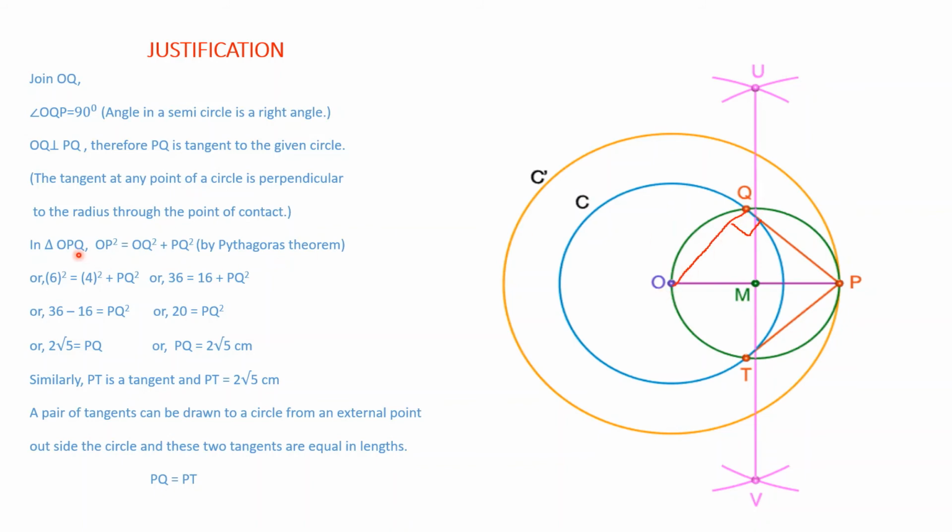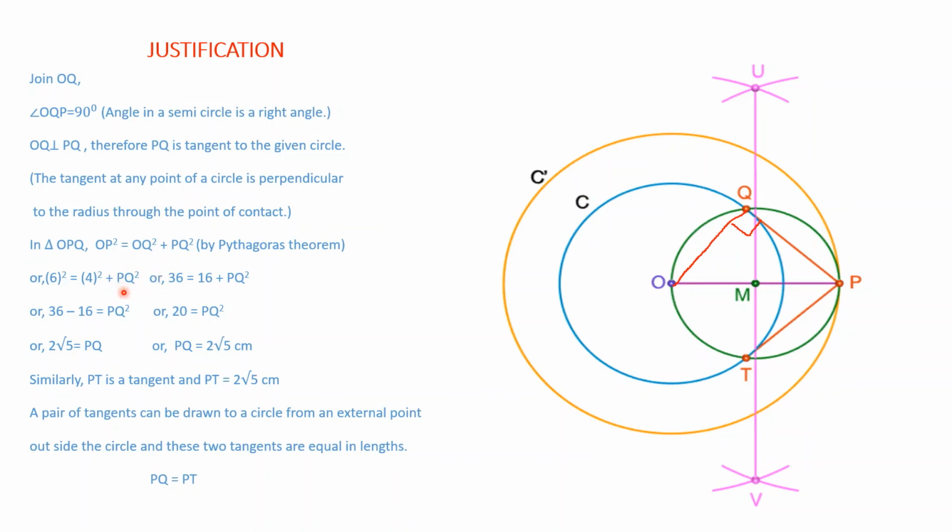OP is 6 cm because it is the radius of the bigger circle. So 6 square. OQ is the radius of the smaller circle, that is 4 square, plus PQ square, which we have to calculate.